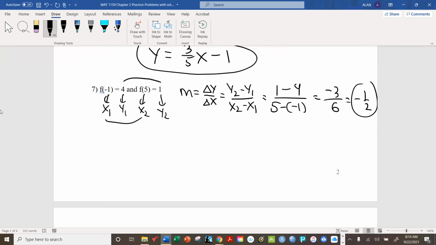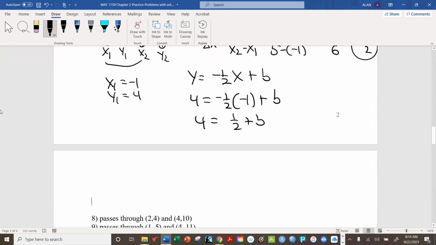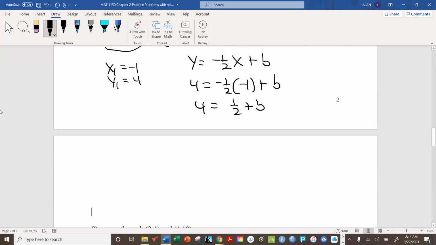And so once again, to find the entire equation, just write this as minus 1/2 x plus b. Either point will do the job here. Let's use x1, y1. Doesn't make any difference. 4 equals minus 1/2 times negative 1 plus b. When we subtract a half from both sides, you could rewrite this as 8 halves equals 1/2 plus b.